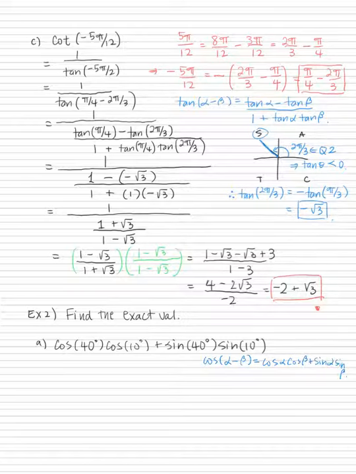So basically this whole expression is nothing but cosine of 40 degrees minus 10 degrees, which is cosine of 30 degrees, the same thing as cosine of pi over 6, which is root 3 over 2. And that's our answer.